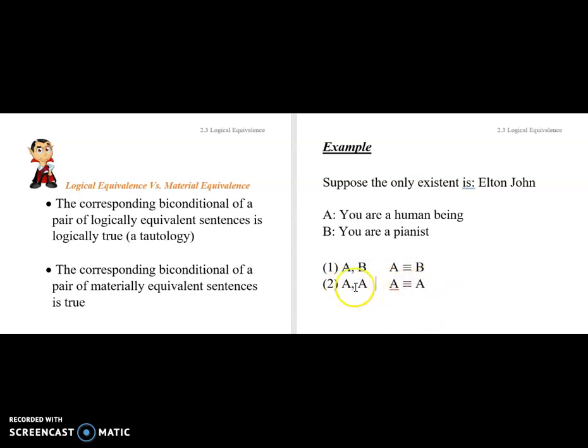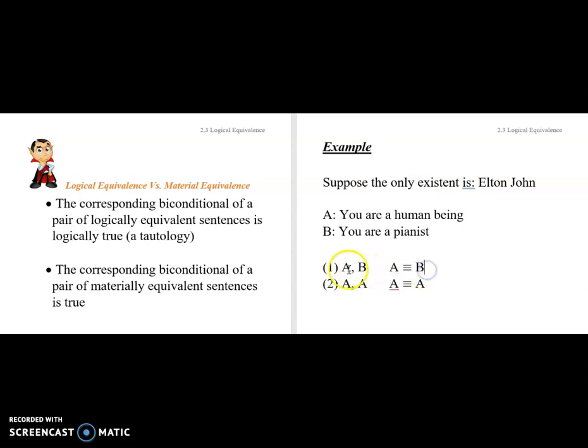All right, and therefore A is materially equivalent to A, but it's also, more importantly, A is logically equivalent to A. Now, is A if and only if B a tautology? No, right? There are cases where it's false on your truth table, so this is not a logical truth.